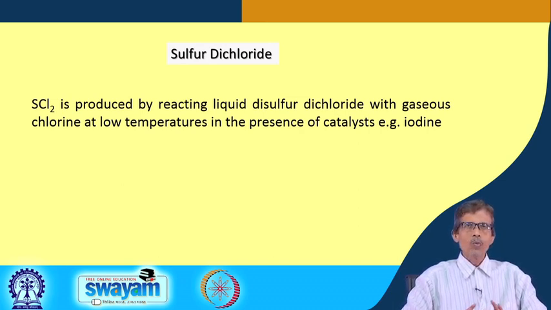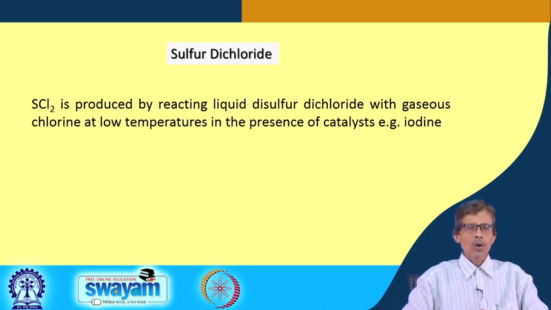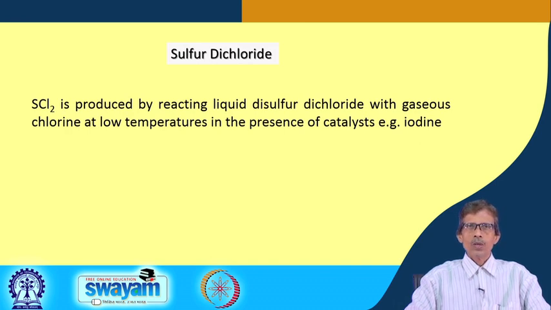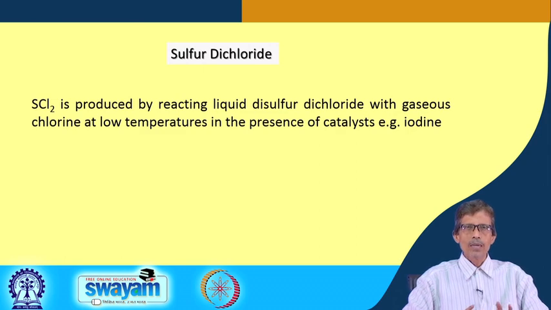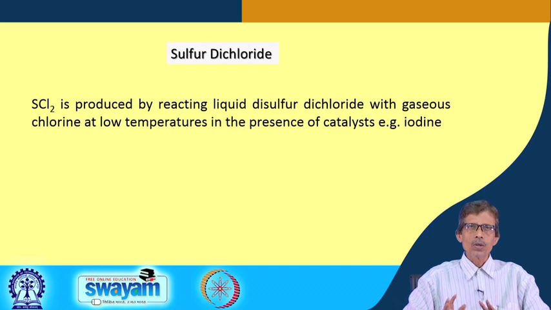We have seen how we can make direct reaction of chlorine and S8, that means the elemental sulfur, for the production of S2Cl2, not this SCl2. From there, if we take out one of the sulfur atoms from that molecule, we will get SCl2. So, what we do is react disulfur dichloride with excess of chlorine. That means you have to either remove sulfur or add more chlorine in terms of molecular stoichiometry.